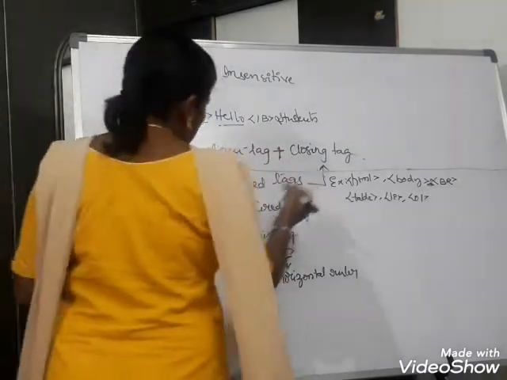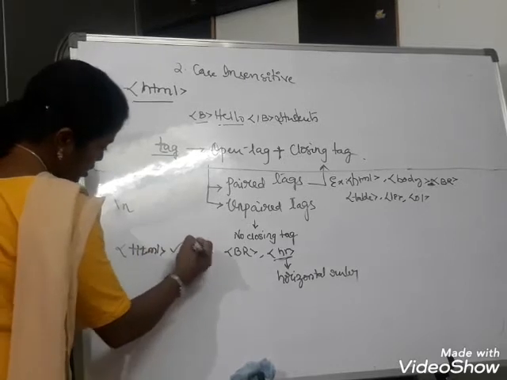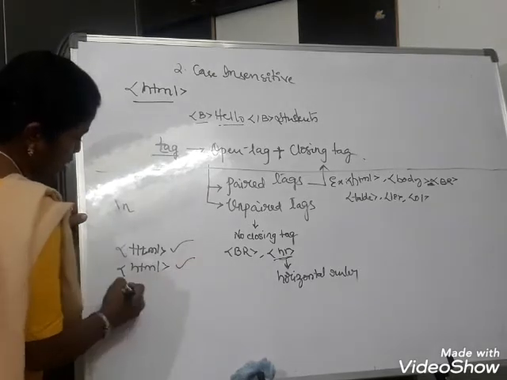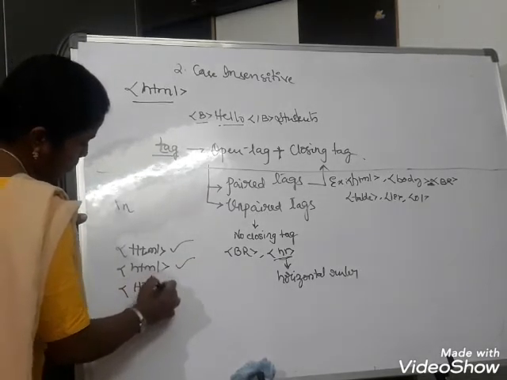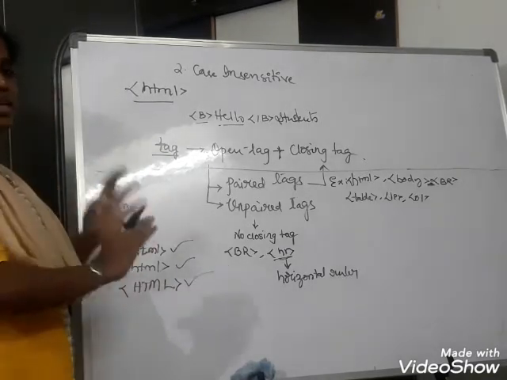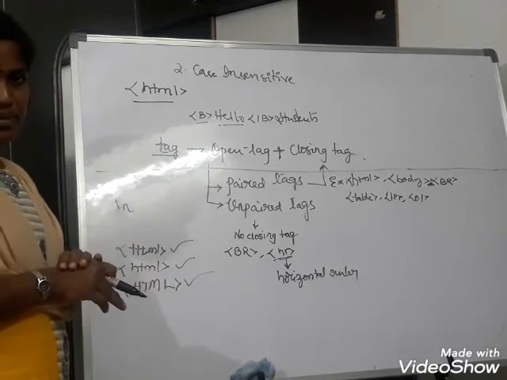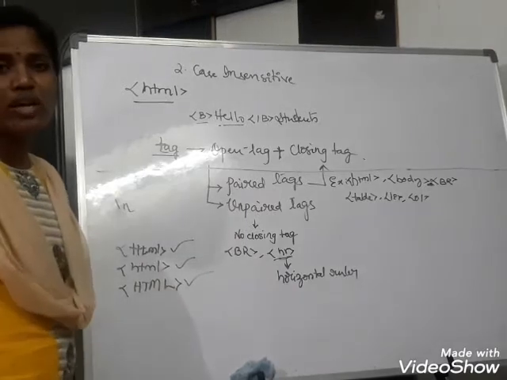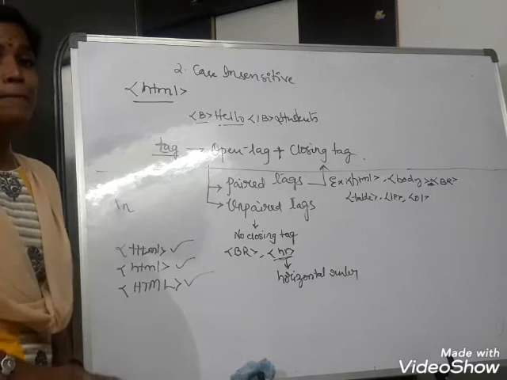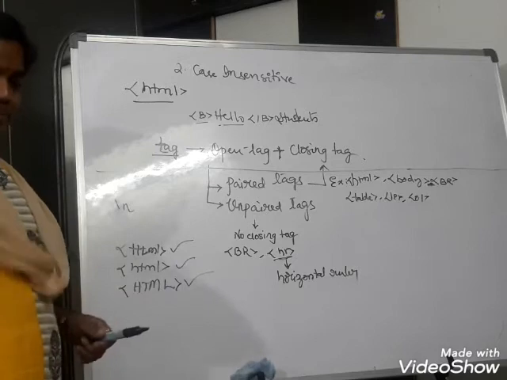If I write HTML like this, it is also right, and HTML like this is also right, and this is also right. Whatever case you use, it does not have any problem. Right? These are the basic things which I want to tell you about HTML tags before starting with the basic program. So we'll start with the new program, an HTML program.